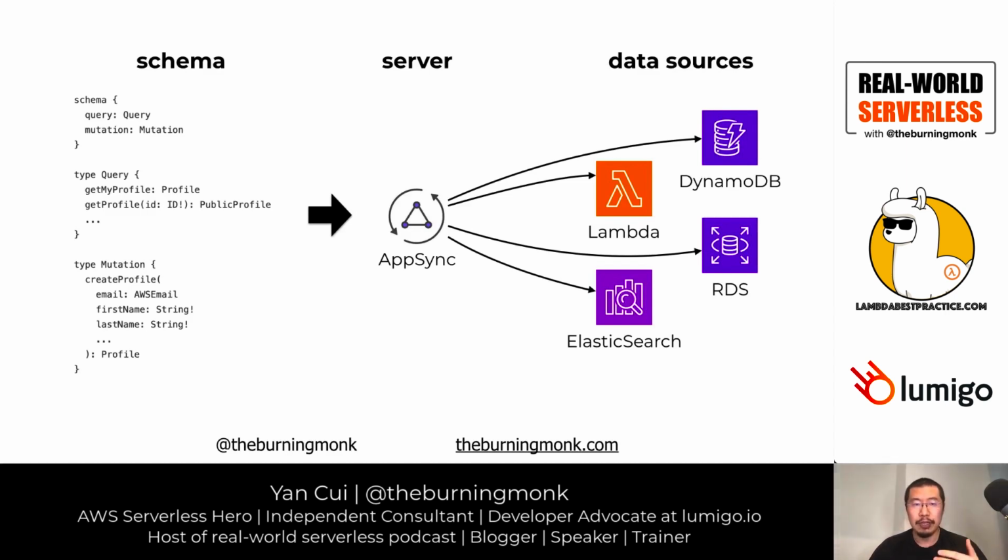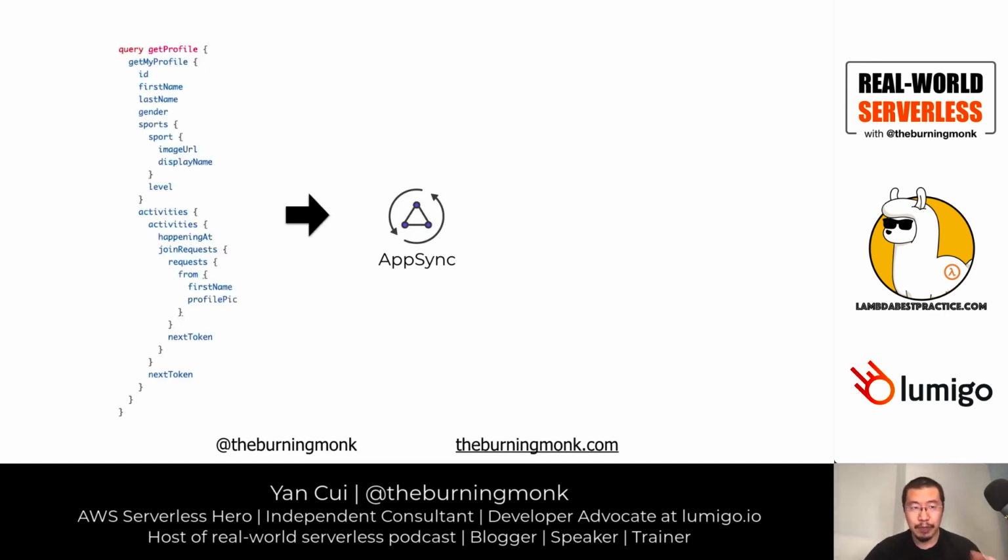And it supports DynamoDB, Lambda functions, Aurora database, Elasticsearch, as well as just raw HTTP endpoints out of the box. For example, as a logged in user, I need to fetch my profile, and in my query, I can fetch everything I need, including my ID, my first name, my last name and gender, and what sports I'm interested in.